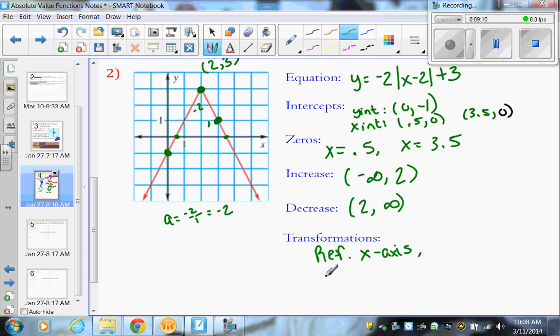The 2 is greater than 1, so that's going to be a vertical stretch. The x minus 2 moves it to the right 2, and the plus 3 moves it up 3.